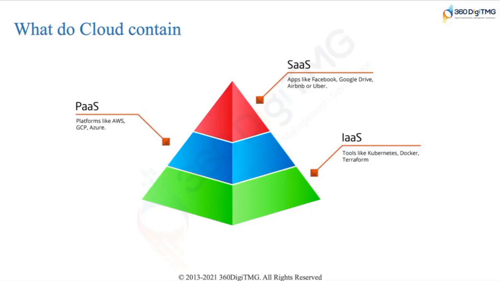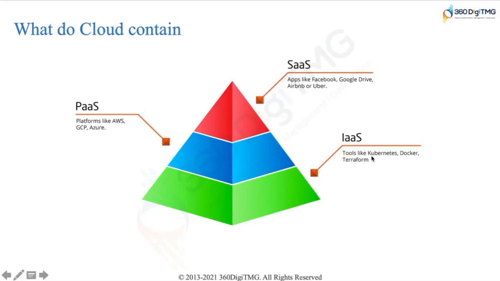That means if you launch a virtual machine, what you are getting is infrastructure as a service. You are getting a computer. You are not buying a computer. It is not physically present on your premises, but you are virtually accessing a machine from the cloud's data center. So that is infrastructure as a service.